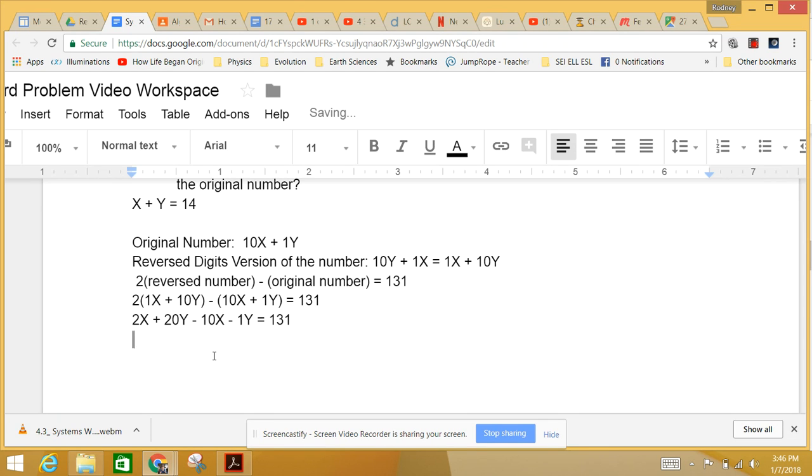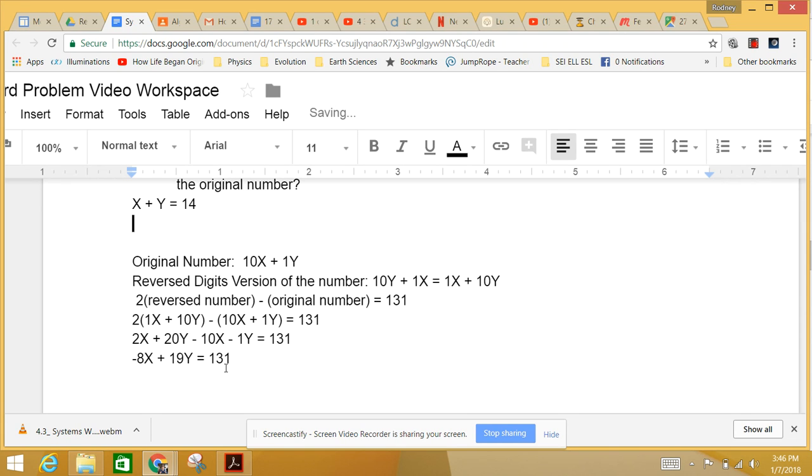And now I've got like terms to combine. 2x minus 10x is going to be negative 8x. And 20y minus y is going to be 19y. And that equals 131.